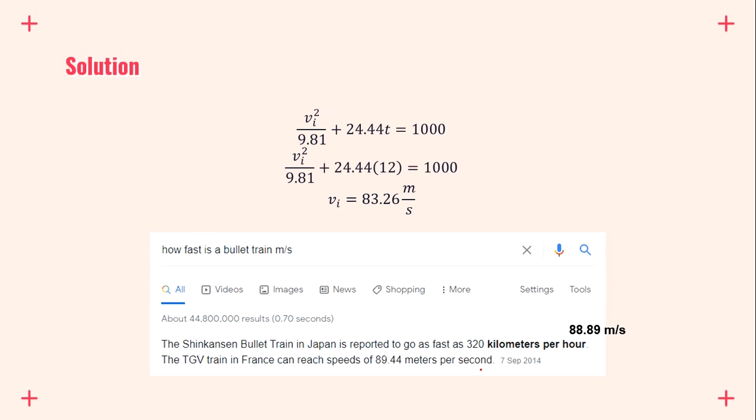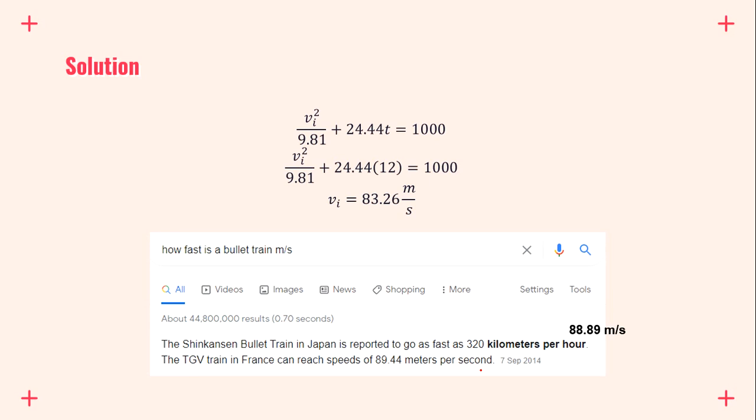So what we really want is the velocity of throw. So we have vi squared over 9.81 plus 24.44 t is equal to 1000. Now substituting the time of 12 seconds, we have vi squared over 9.81 plus 24.44 times 12, which is equal to 1000. And finally, the initial velocity is 83.26 meters per second.